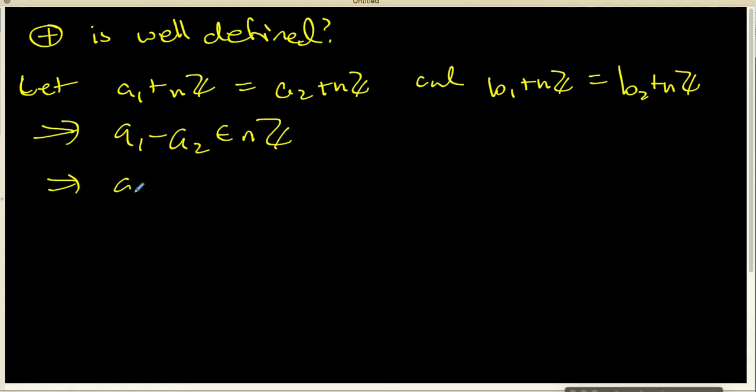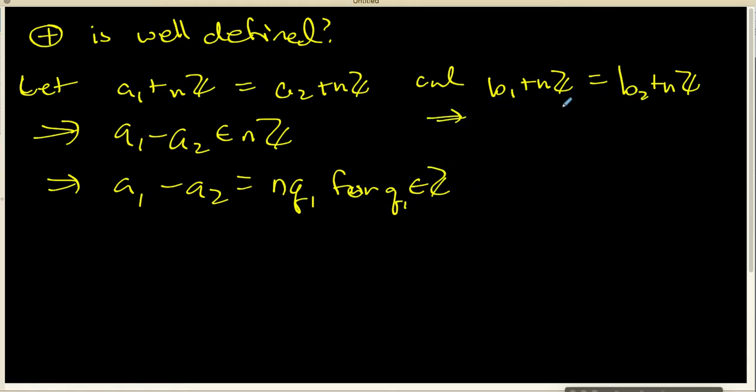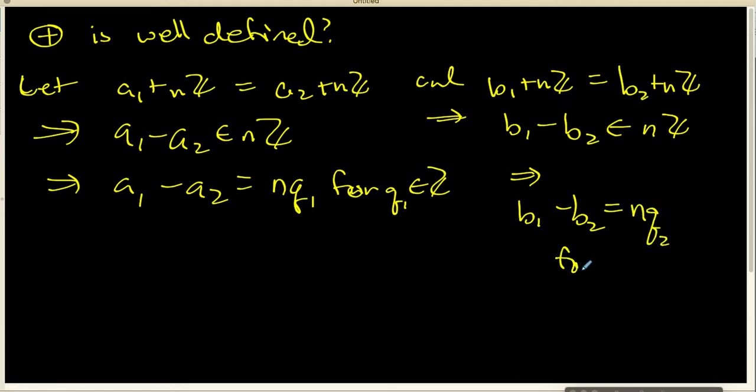In other words, a1 - a2 = n·q1 for some q1 inside the set of integers. And likewise, knowing that the two b cosets are equal says that b1 - b2 is inside nZ, and that's going to tell me that b1 - b2 = n·q2 for some q2 inside Z.